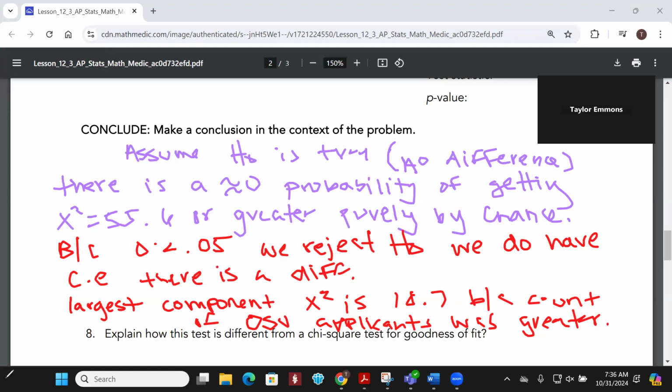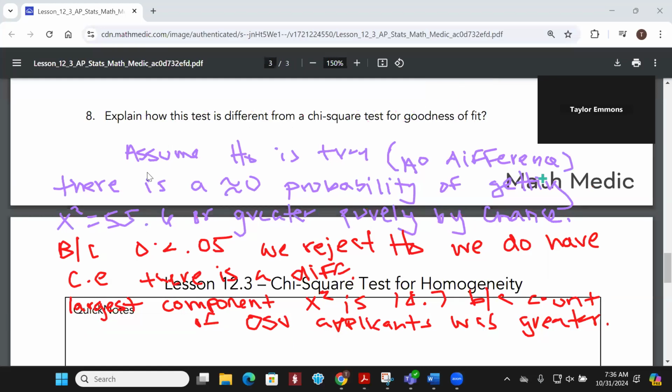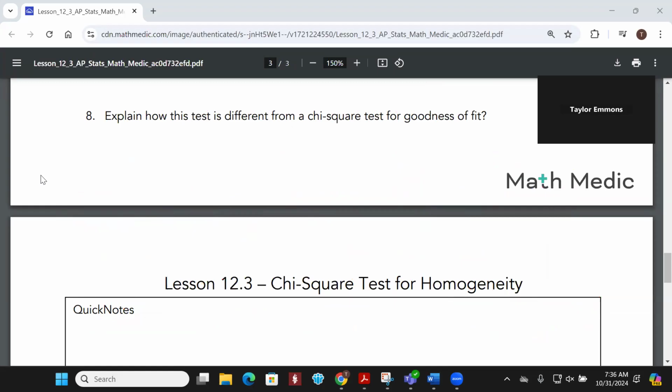So explain how this test is different from the chi-squared test of goodness of fit. All right, this is the important part. Ready? The difference between the homogeneity test and goodness of fit is that homogeneity has two samples from two populations.